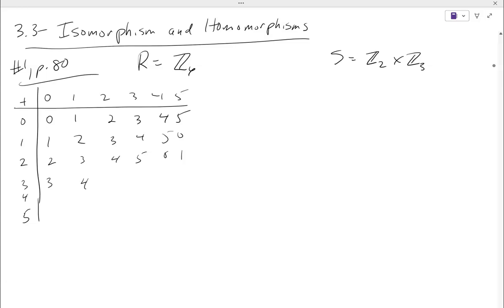You're all familiar with how addition and multiplication work modulo 6. There's a nice little pattern, obviously, in the table we're filling out. We're going to investigate that pattern later on in the semester when we start talking about groups in particular.